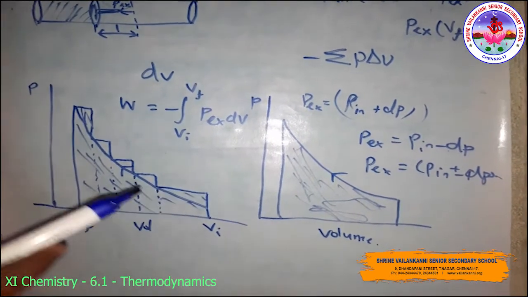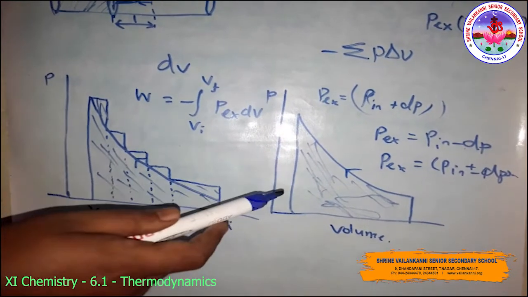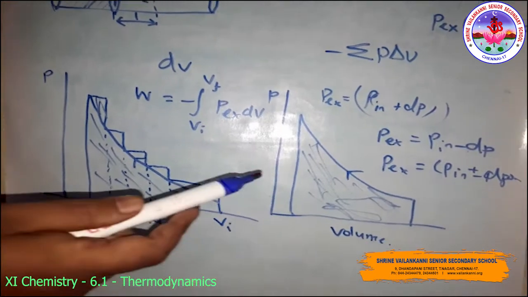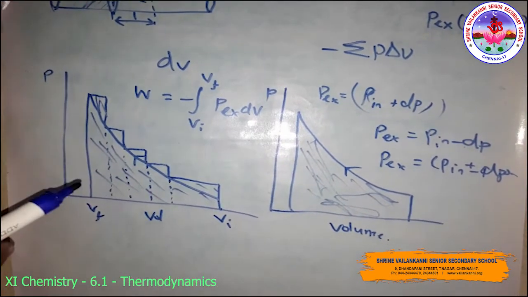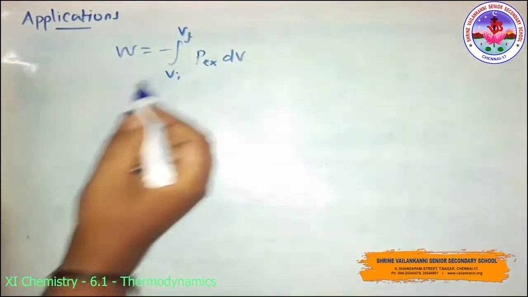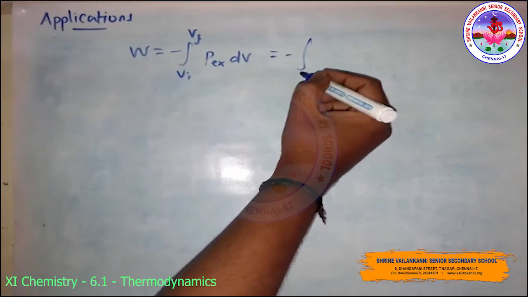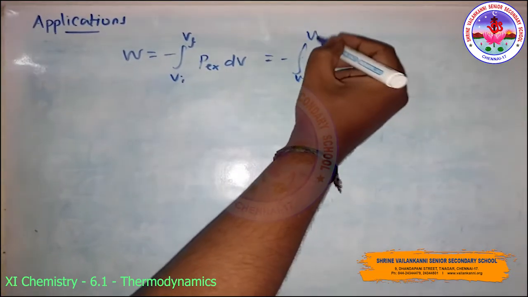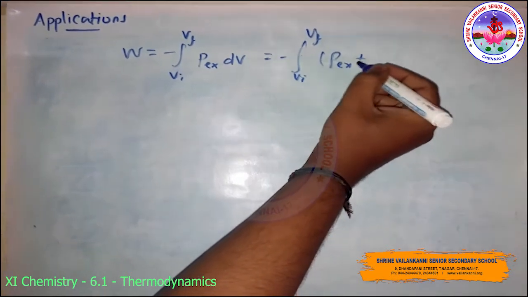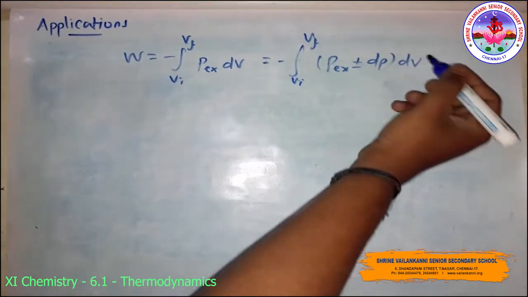Then in chemistry, we can relate work to the internal pressure of the system. We can relate work to the internal pressure of a system under reversible conditions. For the reversible condition, W reversible is equal to negative integral from Vi to Vf of P external plus or minus dP into dV.